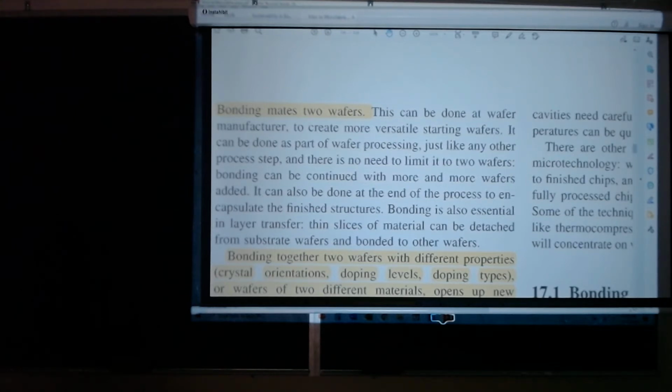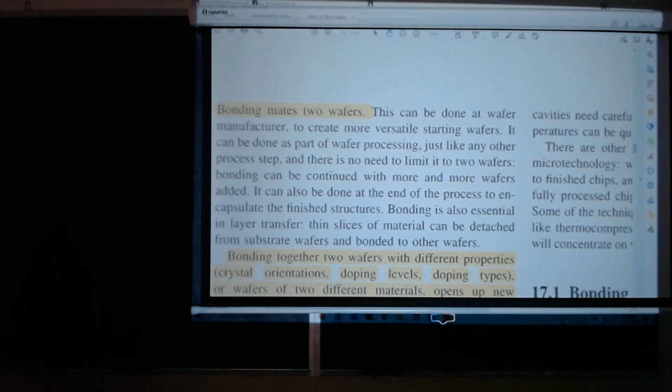But when he says bonding mates two wafers, what you'll see, especially as we go into the first device recipe that I'll be covering next week, is that a lot of the time you're not bonding two wafers, you're bonding two chips. And it's an interesting question sometimes whether you are going to bond at the wafer level or at the chip level.